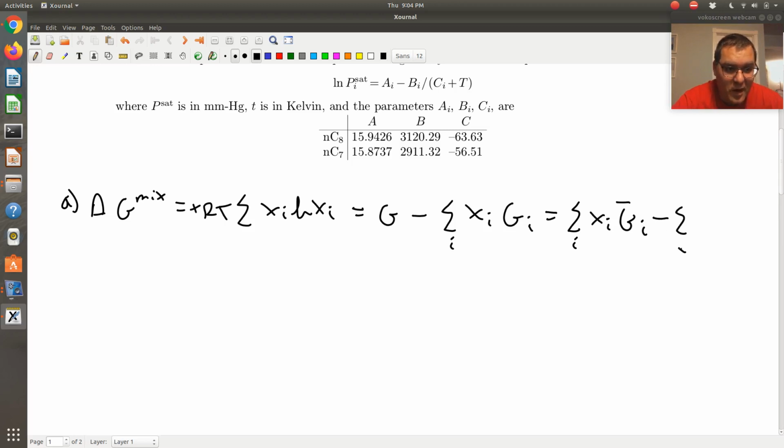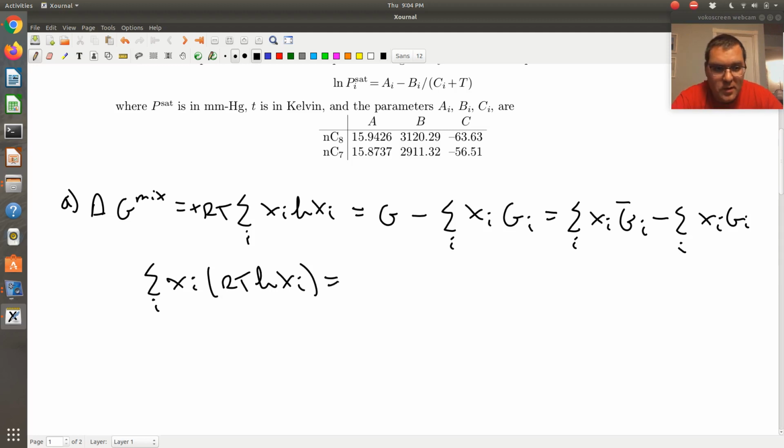Collecting terms, I'm going to bring RT in since I'm mixing at constant temperature and pressure: sum over i of xi RT log xi is equal to sum over i of xi times (g bar i minus gi).